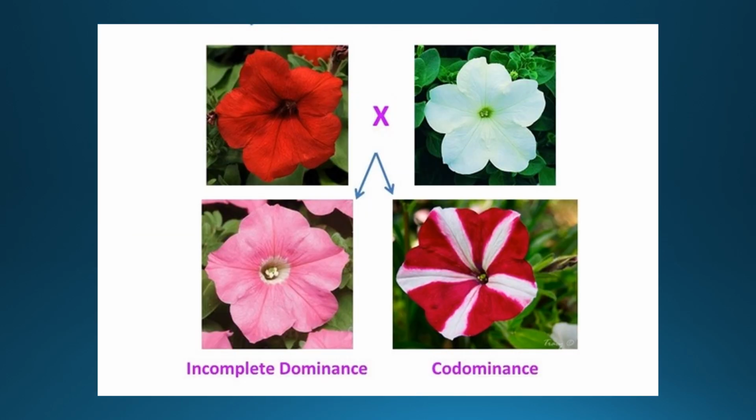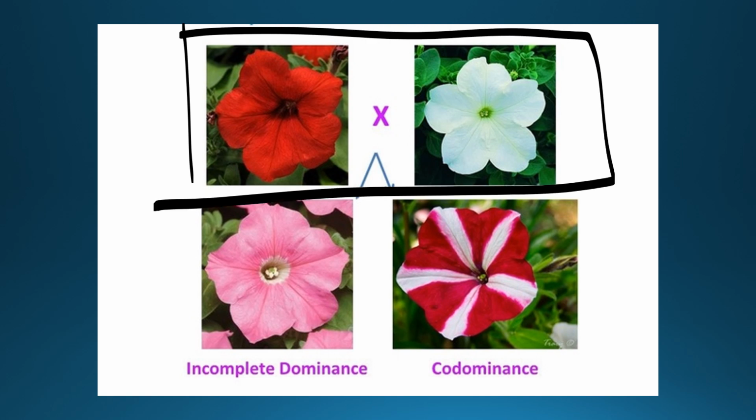All right, one more visual to hopefully bring this all home for you. Incomplete dominance and codominance are different. Let's start with a red and a white flower in our parent generation here. Let's say that I breed these two flowers together. I can either have incomplete dominance happen and get a pink flower, or a blend of both phenotypes.